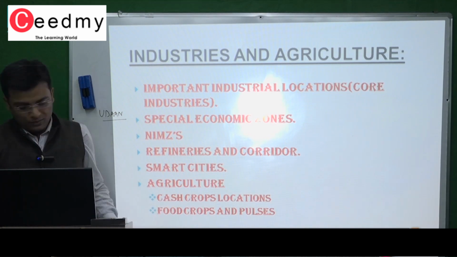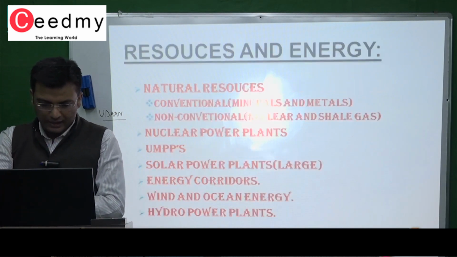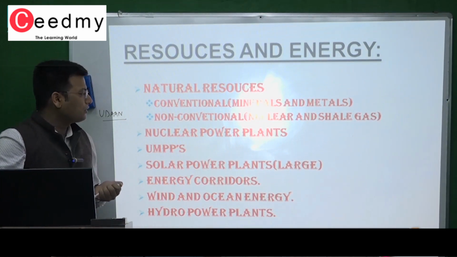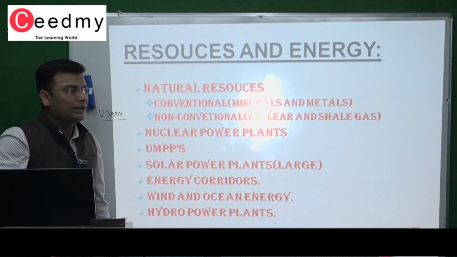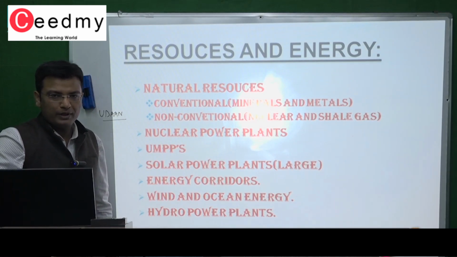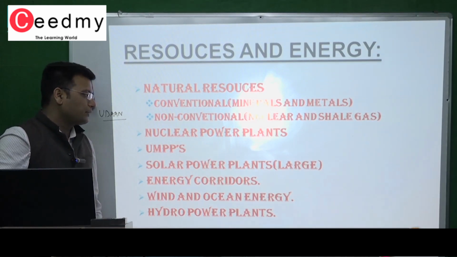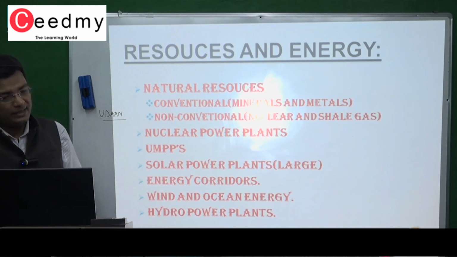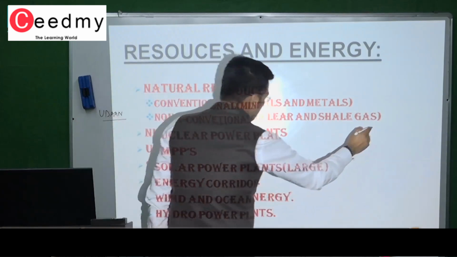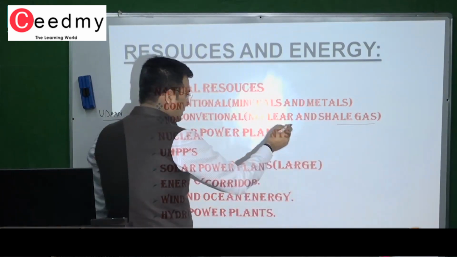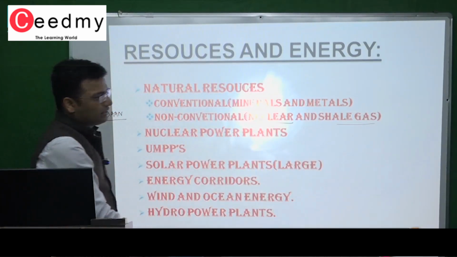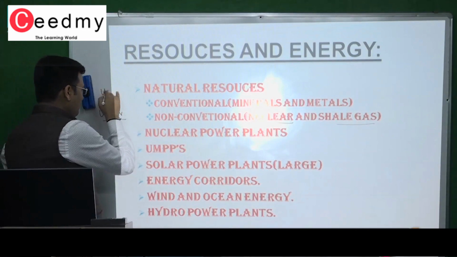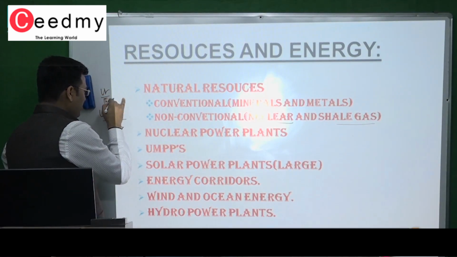I will cover under these headings: resources and energy, natural resources, conventional resources, minerals and metals, the location of minerals and metals, non-conventional resources, nuclear, for example nuclear and shale gas. They can ask the location of shale gas. They have asked the location of shale gas and nuclear power plants, and the location of uranium and thorium in India.